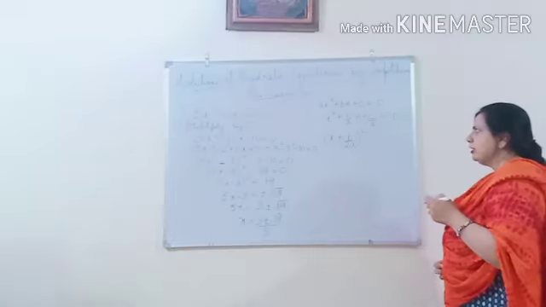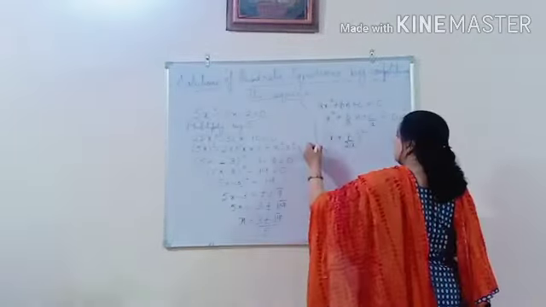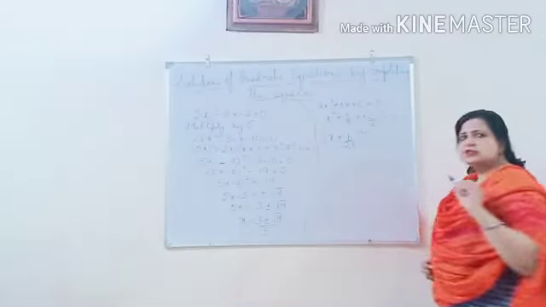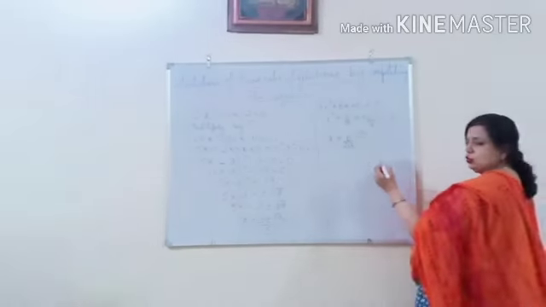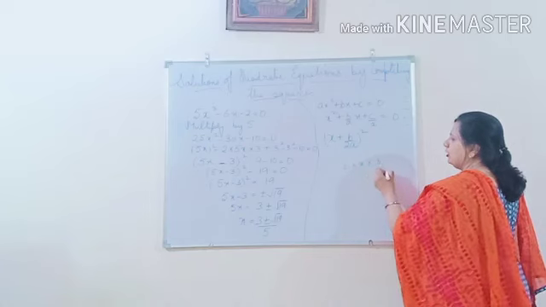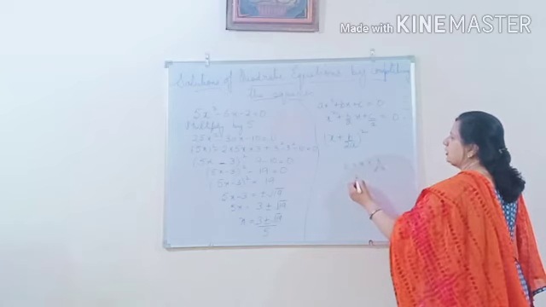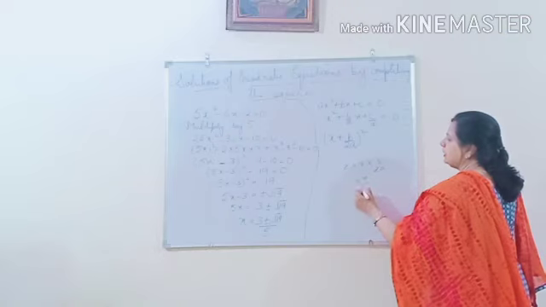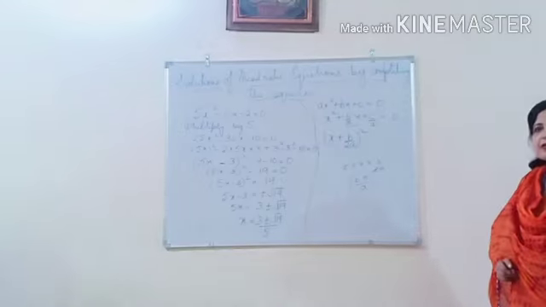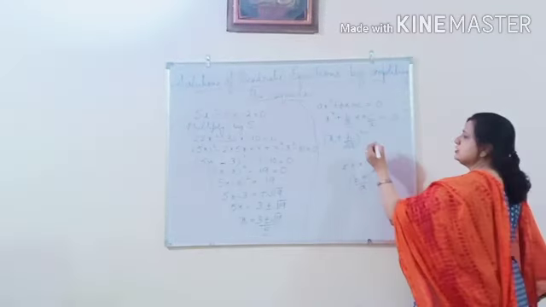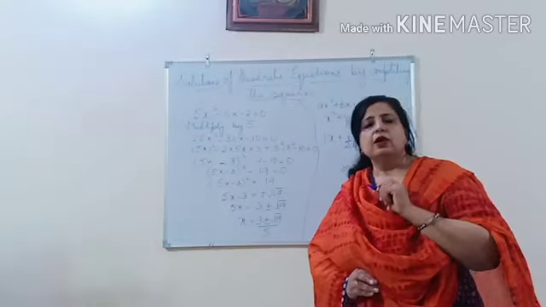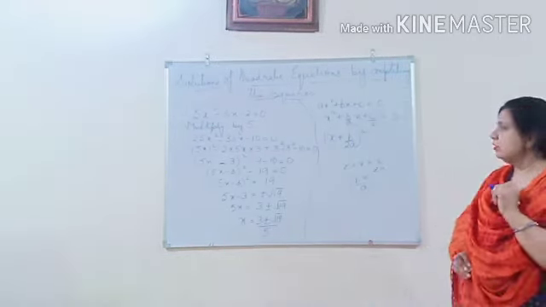Now if we open it, we will get x square plus 2 into x into b by 2a. If you cancel it, you get bx by a, which is our middle term here. And plus the other term whole square, that is b by 2a whole square.